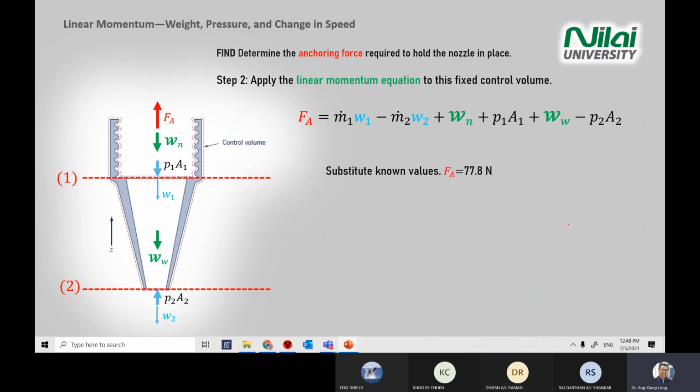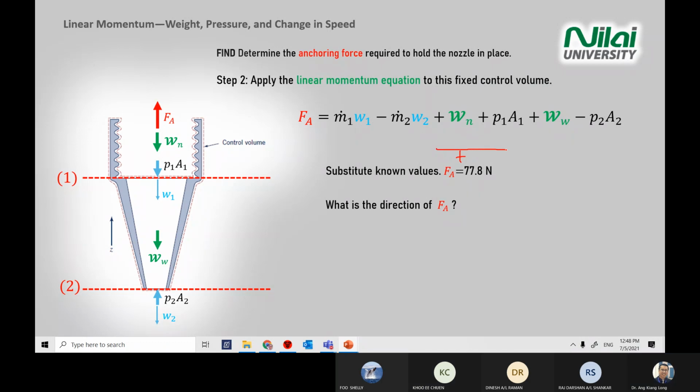Then you substitute all the values, you get anchoring force equal to 7.8 Newton. Okay, 7.8 Newton. What is the direction if you get positive? Okay, cool. Are you still there? Yes.